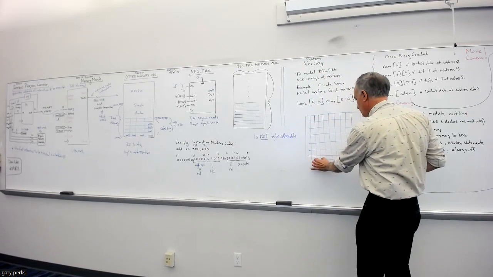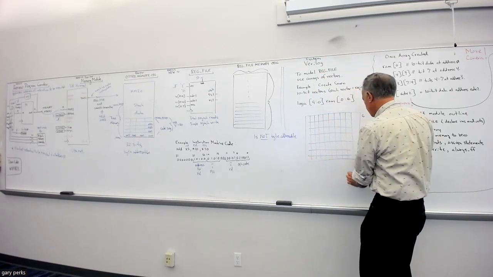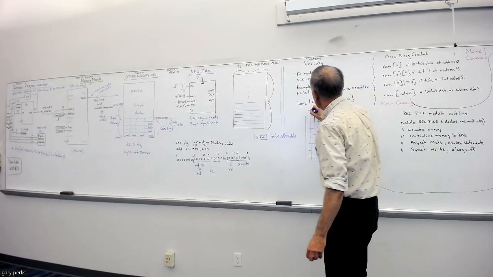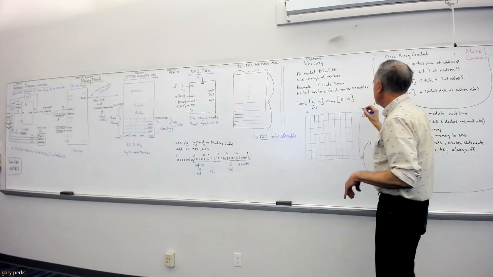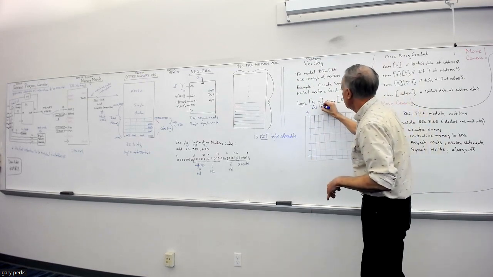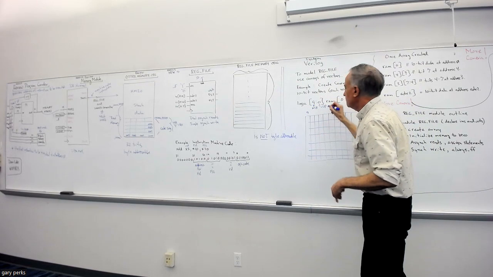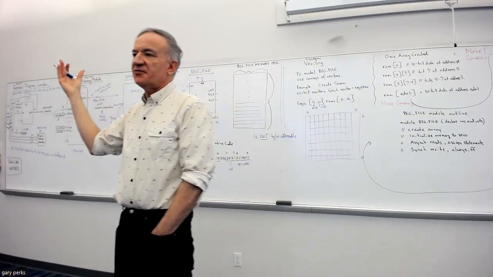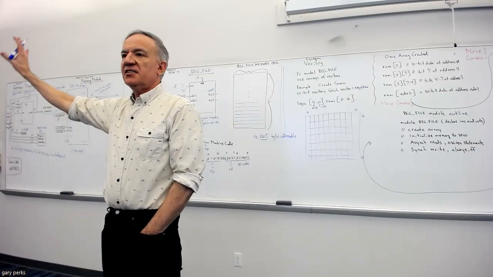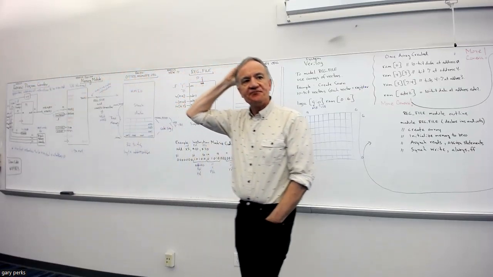So 2, 4, 6, 8, 10. The most significant bit is what you put here. Okay, so the most significant bit would be 9, and the least significant would be 0. By convention, we call the 0th bit the least significant bit, and the highest is the most significant bit.